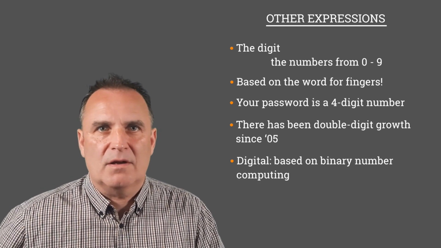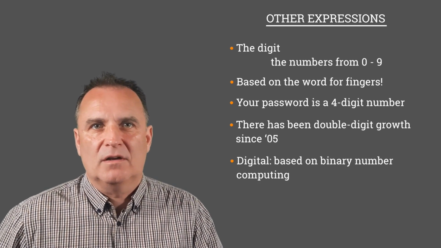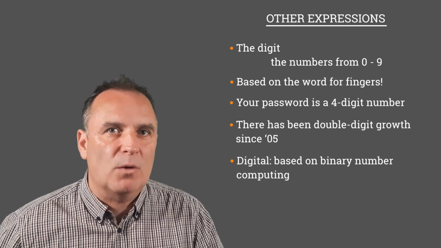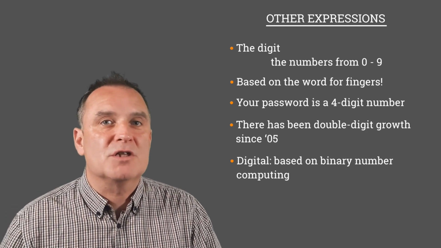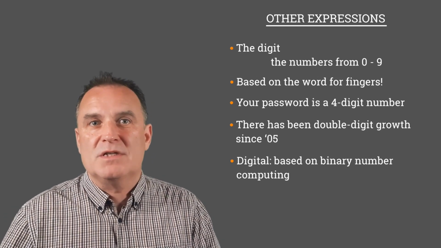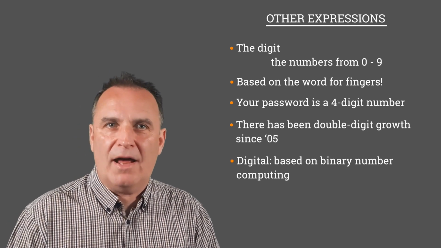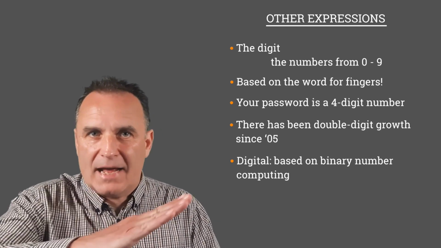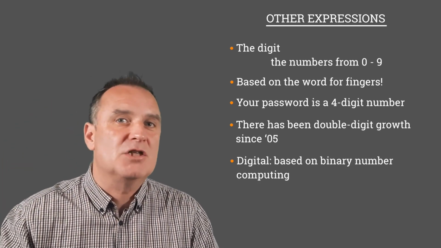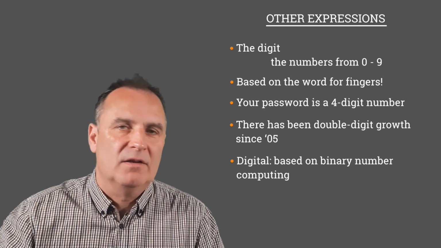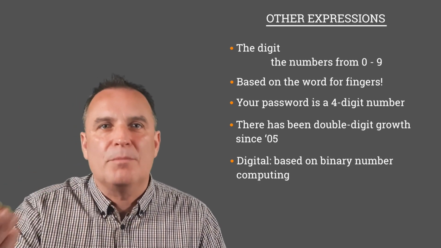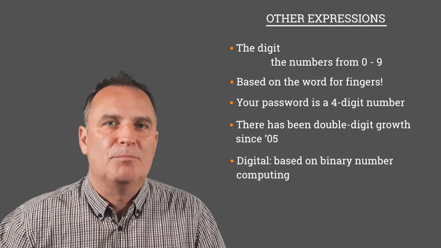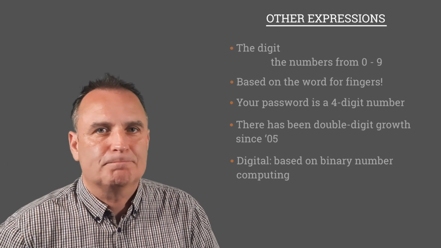So a digital equipment is an electrical computational equipment, and a digital display uses these numbers rather than some analog display, which might be, for example, the hands on a clock. And a digital display will say 3 p.m., instead of having the hands point in a certain direction.